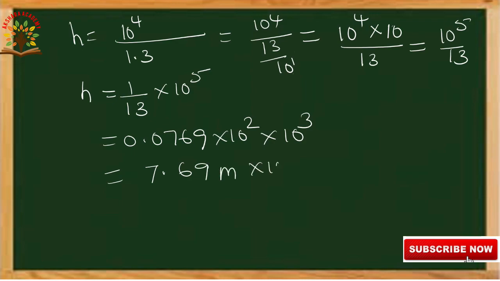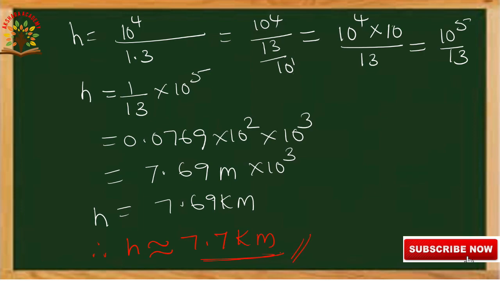And again, if you want to convert 10^3, it is represented in kilometers. Meters 7.69 into 10^3 meters, or in terms of kilometers, height h is equal to 7.69 kilometers. So therefore height is approximately equal to 7.7 kilometers. This is the final answer.